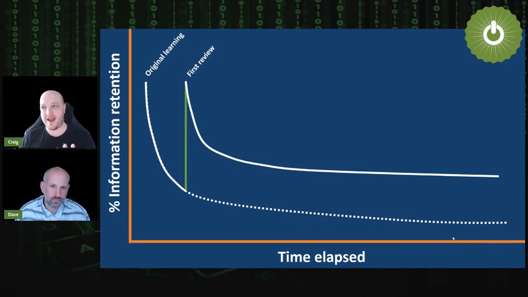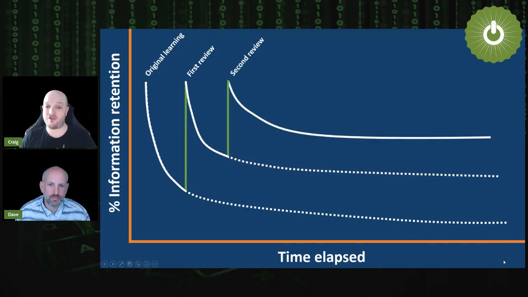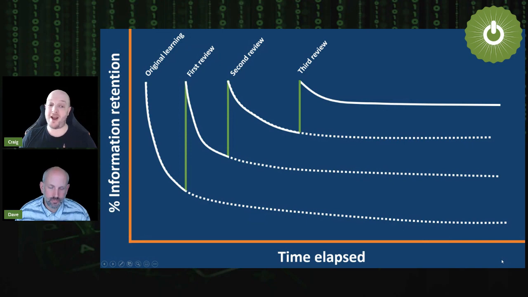You can see here that by this first review point, the knowledge retention goes back up. But more importantly, having revisited the content, it's staying in your memory for longer. But should we just do it once? No, have another review point later on and another review point later on.